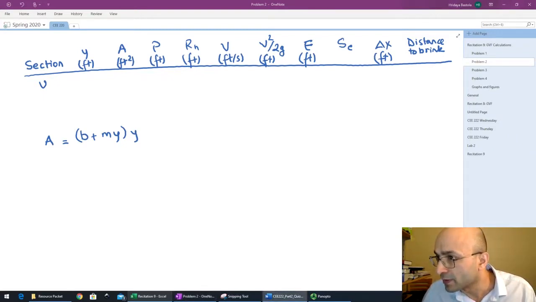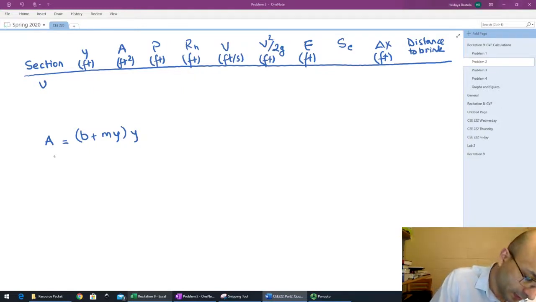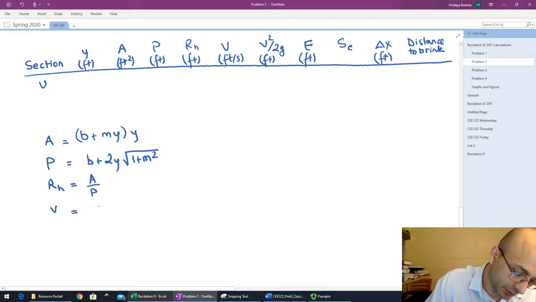Let me make sure the equation is correct. Okay. The perimeter is going to be equal to b plus 2y square root of 1 plus m squared. Once we get the area and wetted perimeter, we can get the hydraulic radius. The velocity is going to be equal to Q, the discharge, divided by the cross-sectional area that was just calculated.